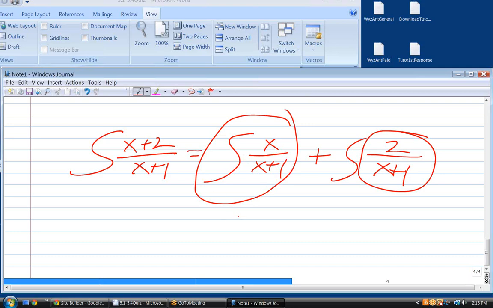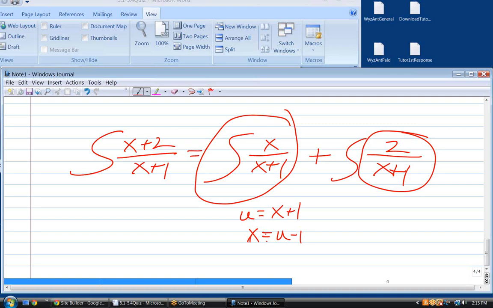Let's do it. If U is equal to x plus 1. Now it doesn't look like a typical candidate for U substitution, because the derivative of this is not going to take away that. But I can now say that if U equals x plus 1, x equals U minus 1.